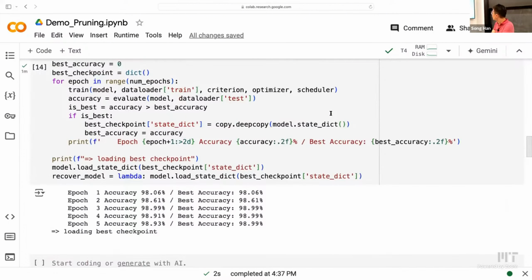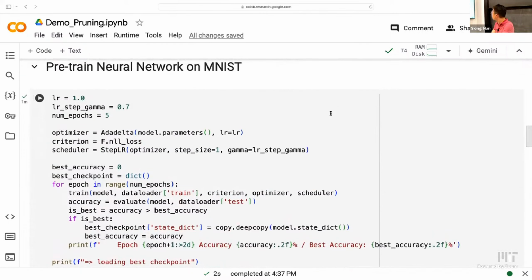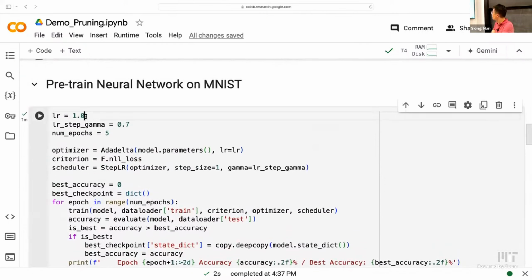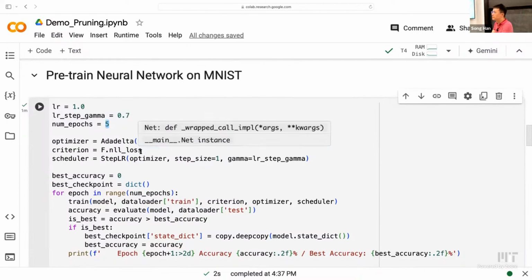In the original training process, the learning rate is larger, at 1, but during training we reduce it by 10x, since it has pretty much converged. The initial training has 5 epochs, and the fine-tuning took only 2 epochs.